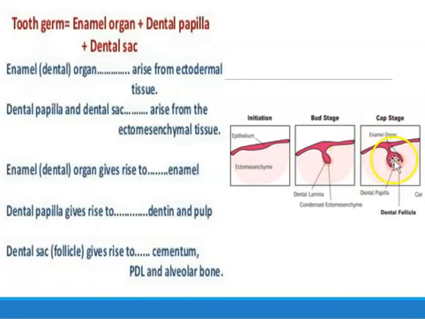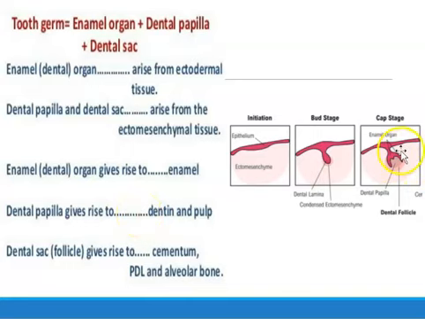The enamel organ will make the enamel. We also have the middle part, right underneath the enamel organ. That is known as your dental papilla. The dental papilla will make the pulp and also the dentin. Remember, I want you to know what dental papilla makes: the pulp and also the dentin.